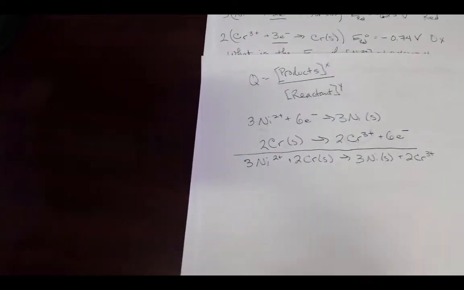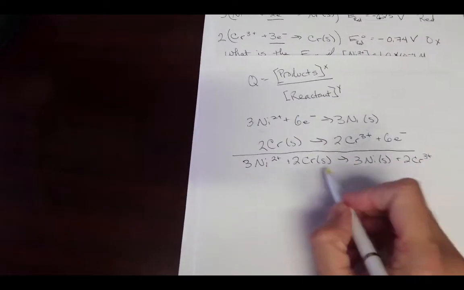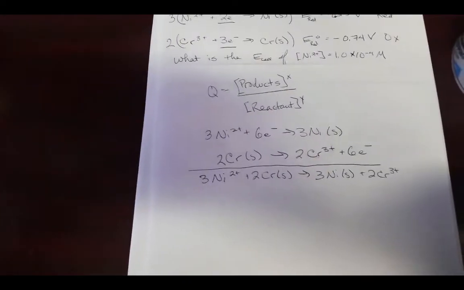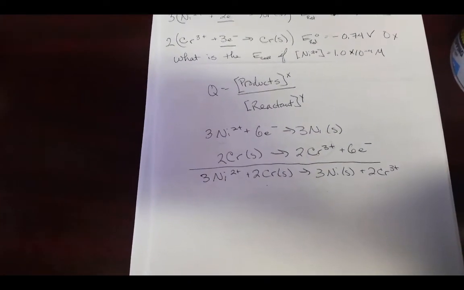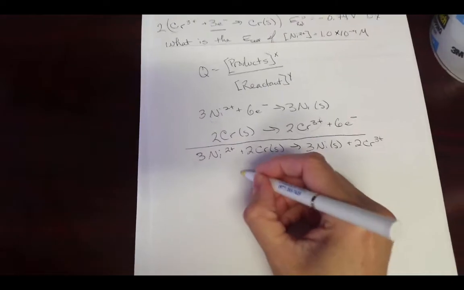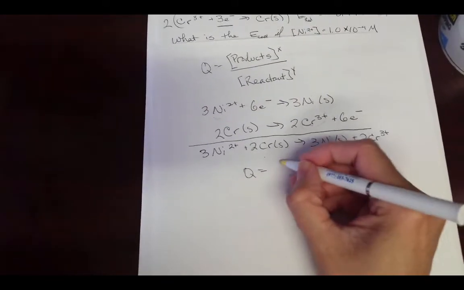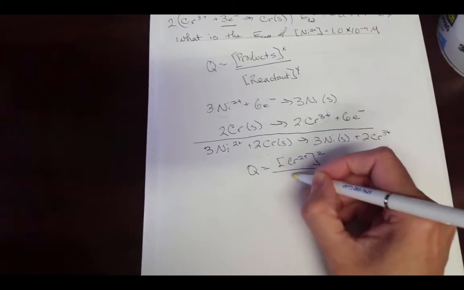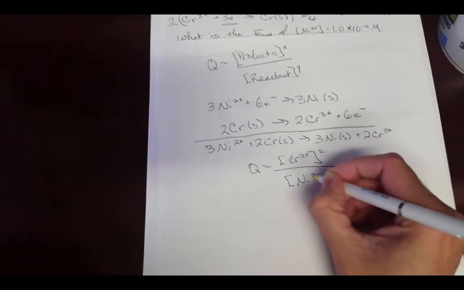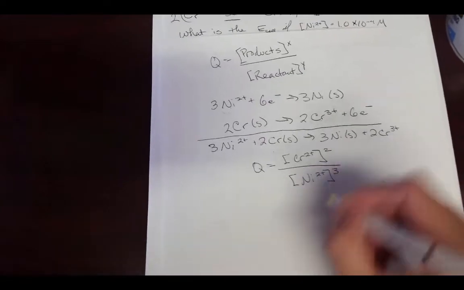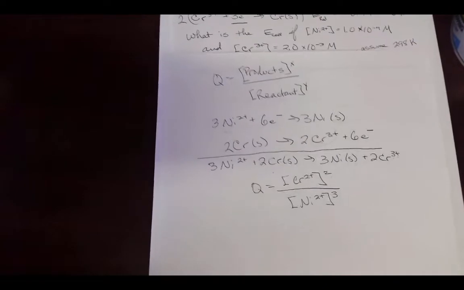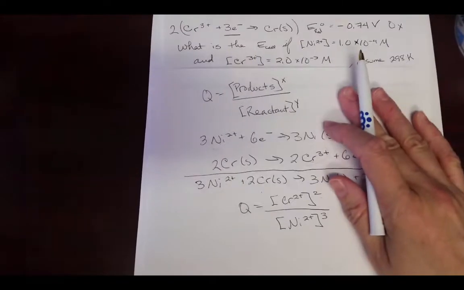For our Q expression, I don't care about these solid components. I know we took the time to write them out, but we don't care. What I do care about is the aqueous species. So as far as Q is concerned, I just need my products, chromium 3+ squared, divided by my reactants, nickel 2+ cubed, and that's Q. Now I can look back at my original question that gave me values for those.